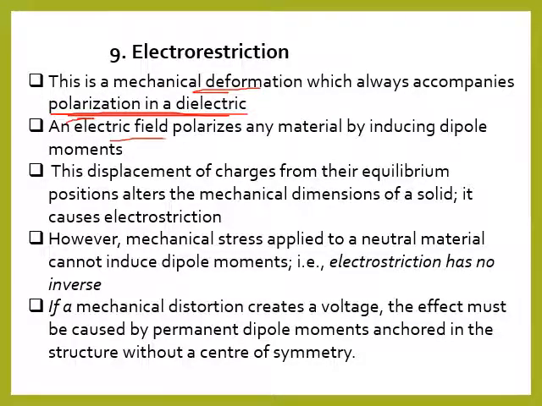How does mechanical deformation take place due to polarization? When an electric field is applied, this electric field causes polarization, meaning it induces a dipole moment. Due to polarization, charges are displaced from their equilibrium positions. And due to this displacement of charges, the overall dimensions of the solid are changed, which is called mechanical deformation.